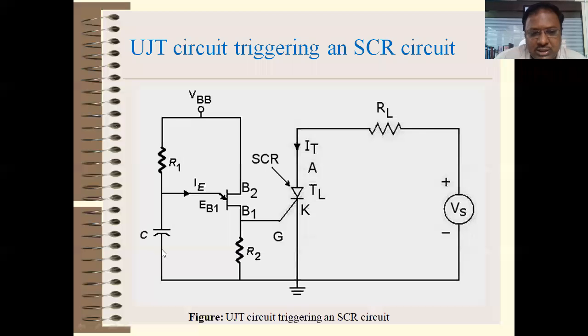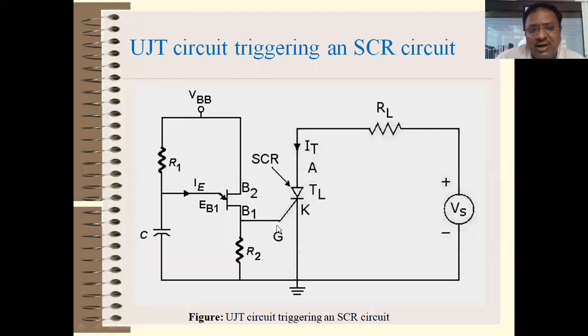The voltage across capacitor C is greater than VRB1 plus VP1, the UJT turns on, and emitter current flows through R2. The voltage develops across R2, and whenever it is greater than the minimum triggering voltage required for the SCR, at least 1 or 2 volt, should be applied, otherwise your SCR never turns on.